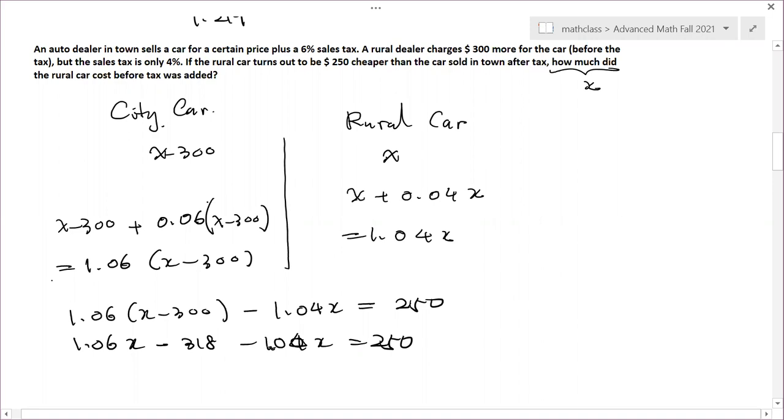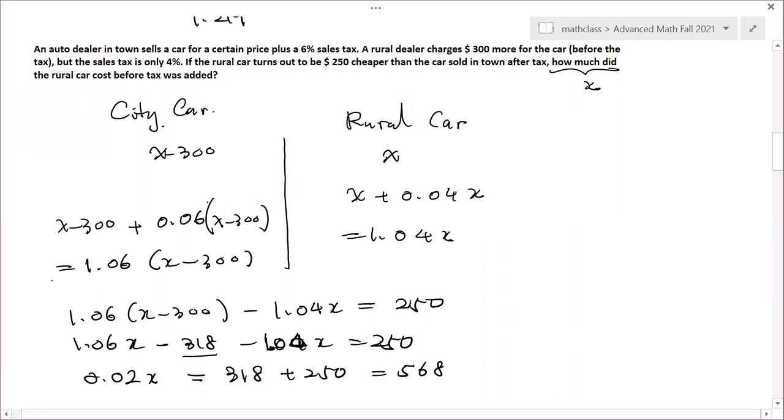So I will get 0.02x and 118 plus 250, right? Move this number to the right hand side. It's going to be 568.